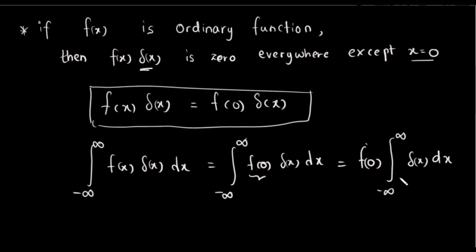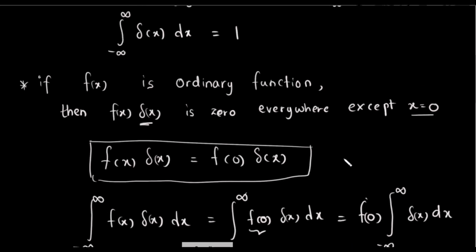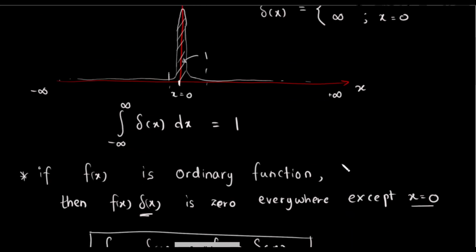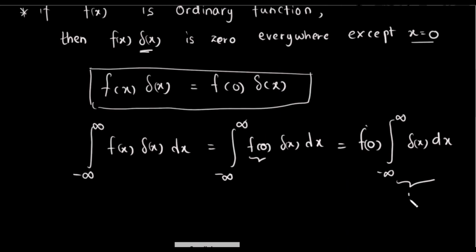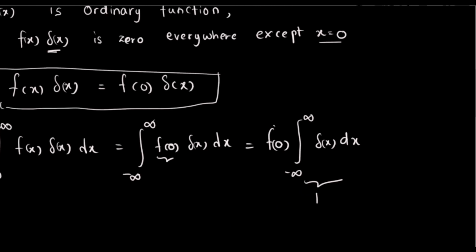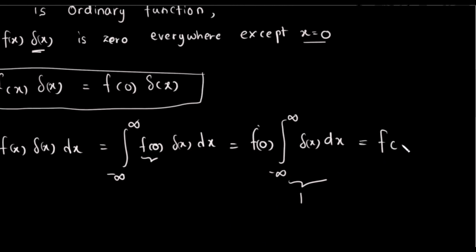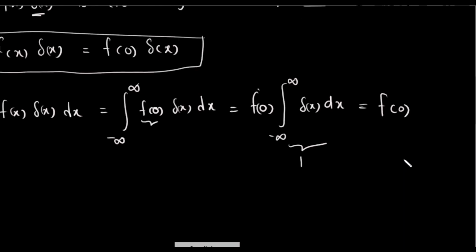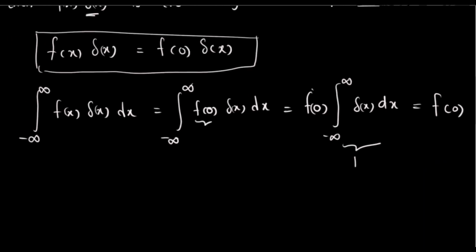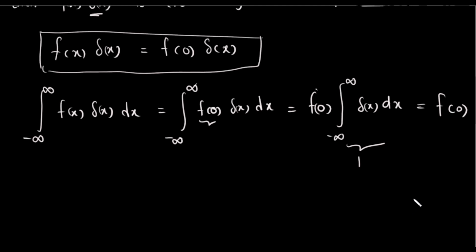That is the area of this spike, and you know that the area of this spike is equal to 1, so you can get the value for this integration. That means this is equal to f(0). This is a really important point of the Dirac-Delta function.